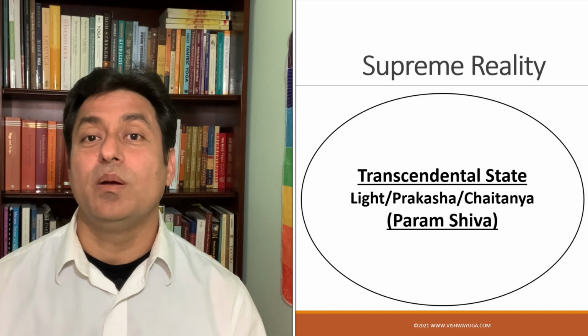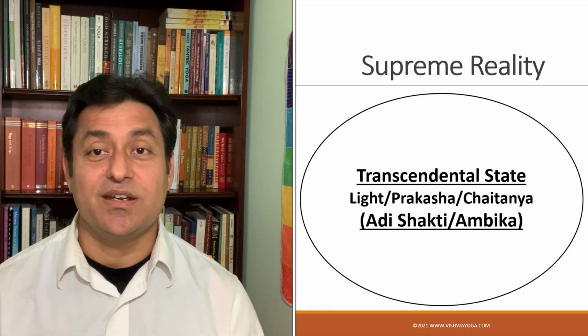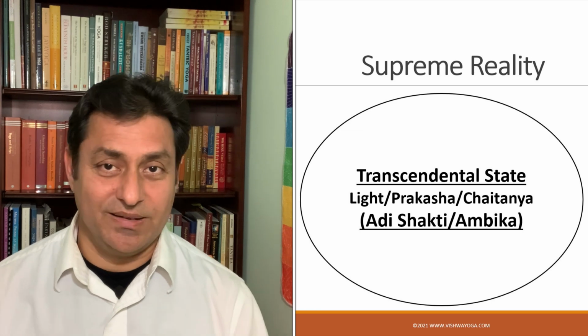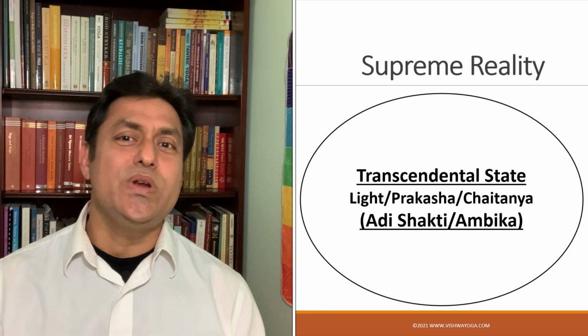So in Shaiva tradition, this highest state is simply called Param Shiva, and in Shakta tradition, it is called Adi Shakti or Adi Parashakti. These are two names but one reality. In the state of oneness or absolute, there is no he or she or any duality exist.